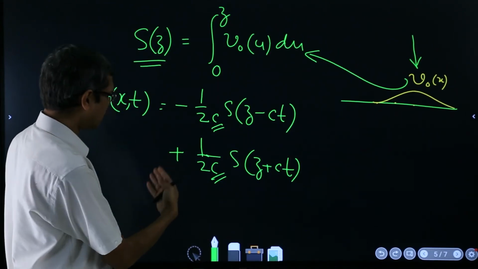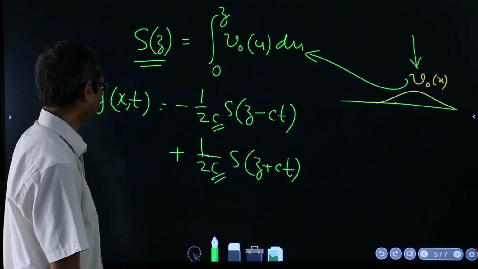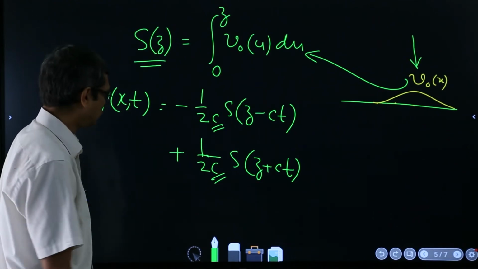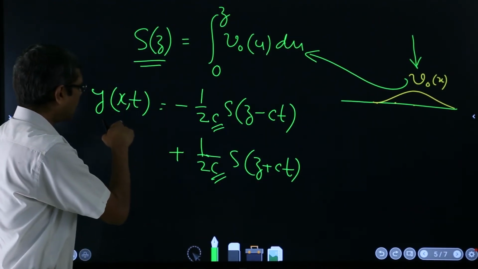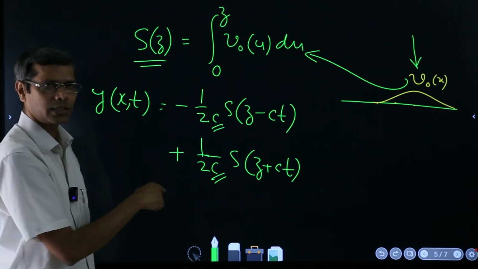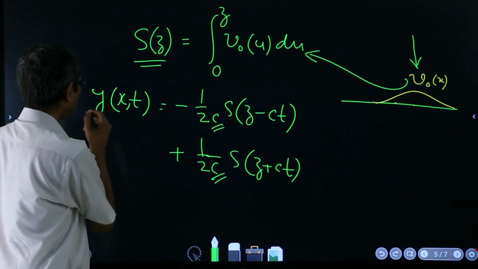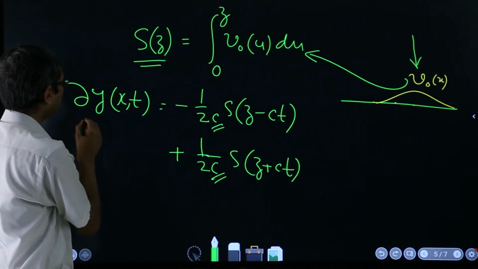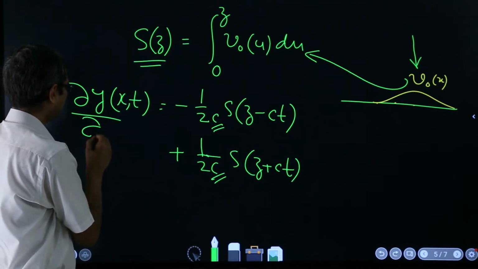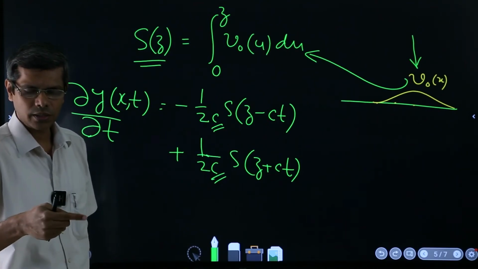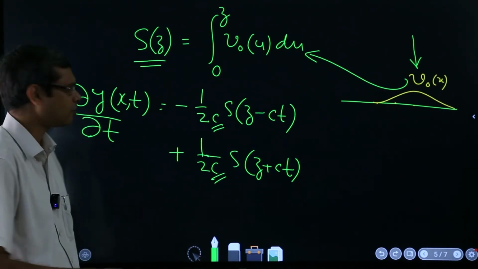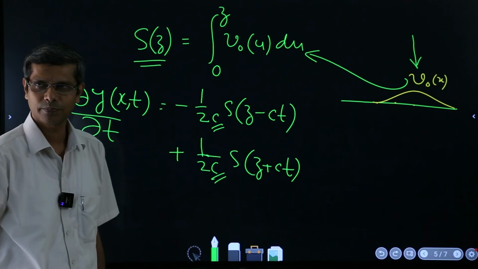Now you can just check why it works. The velocity is what? When you take the partial of this with time, right? So at any location, the velocity will be given by the partial of this.